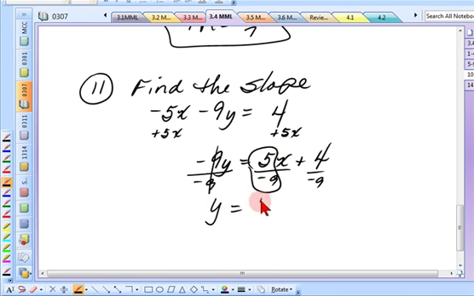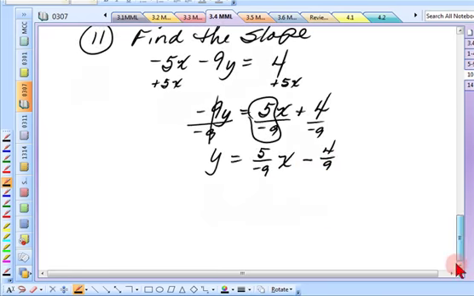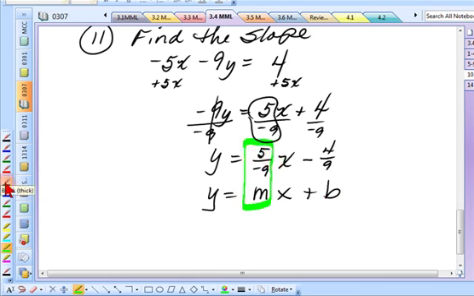That divides out, and I get y is equal to, I'm just going to leave it, 5 over negative 9x, and I'm going to write this as minus 4/9. I could put plus and just leave it like it is, 4 over negative 9. That would be fine, or I could say that that makes it a subtraction. Question. This is in the form y equals mx plus b. What's the slope? It is, slope is, and I don't like green.